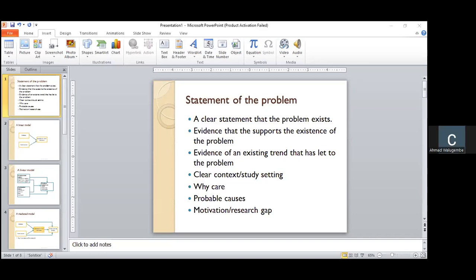Professor, which framework are we looking at? You have three of them. Your frameworks are not being displayed. Let me try and share again.